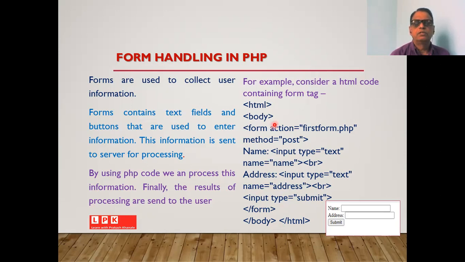So whenever you type this code and run it in a browser, you will find that such a window will be displayed, where the user can now enter the name and the address, and then click on the submit button so that the data will be sent to the server.